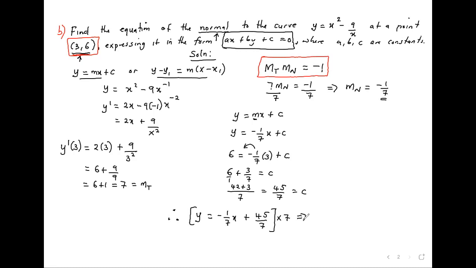This is going to give us 7y is equal to -x plus 45. Then we arrange it in the required form. So we have x plus 7y minus 45 is equal to 0. This is the equation of the normal line to the curve at the point 3,6.